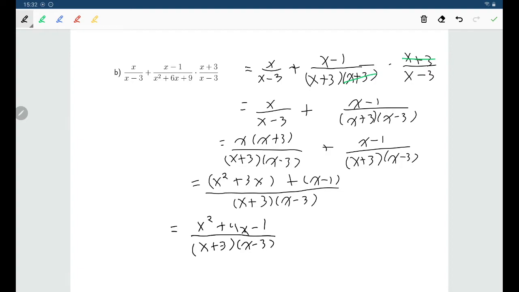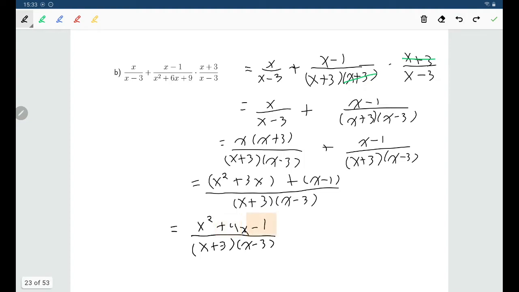And then the last thing that I would have to ask myself is whether or not I can factor out the numerator, and if so, are there any common factors between the numerator and the denominator? Here, the numerator doesn't factor any further. If I were looking to factor this, I would have to find numbers that multiply to -1, which add up to +4.